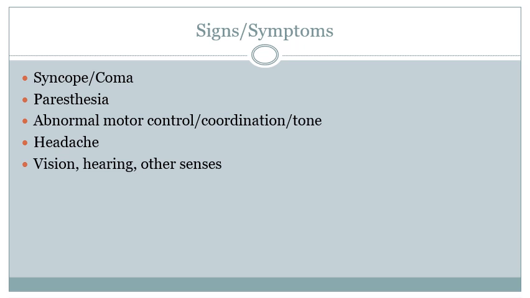Headache, vision, hearing, or anything related to the senses, and then changes in mental status. Depending upon the symptoms, you could be suspicious of certain parts of the brain being affected and start to go through a differential diagnosis as far as what could be wrong with an individual.